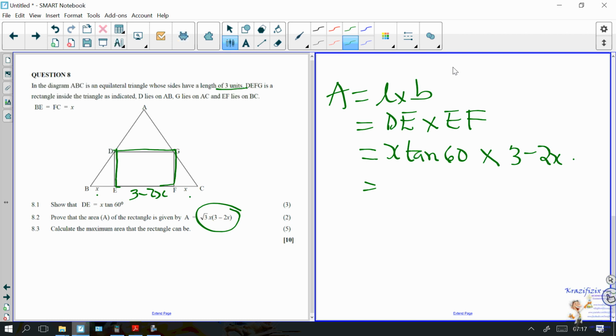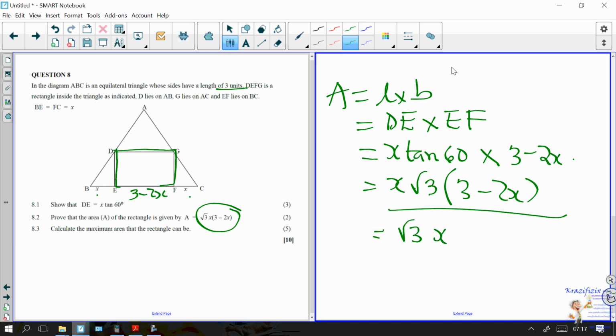If you check your calculator, tan 60 is root 3. So x root 3 multiplied by 3 minus 2x. And that's what we are trying to prove there. Root 3 x times 3 minus 2x. Done.